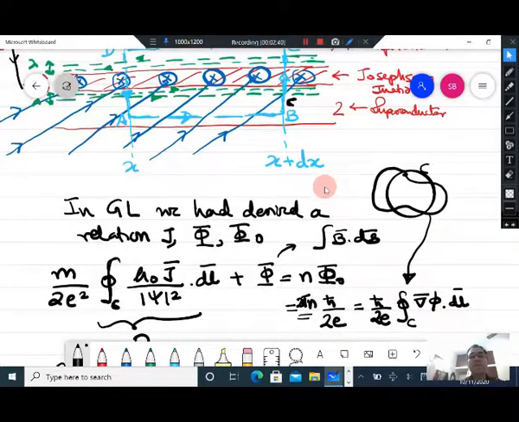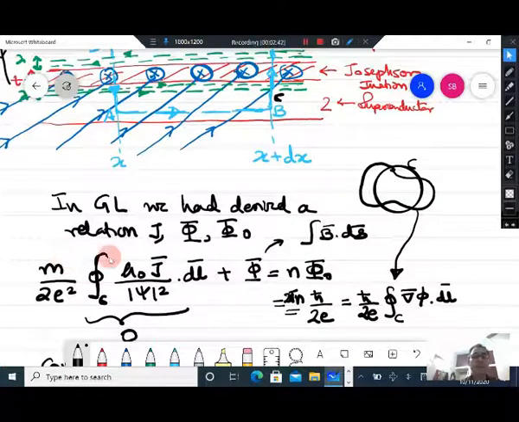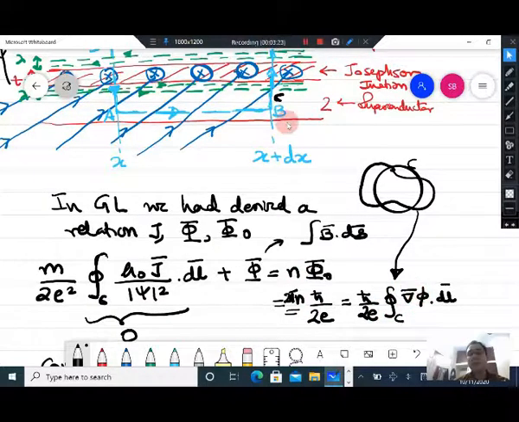We had derived that m by e square integral over a curve C of mu naught j dot dl over mod psi square, plus phi, where phi is the magnetic flux enclosed by the curve C, is equal to n times phi naught, where phi naught is the flux quantum, which is nothing else but 2 pi n into h cross by 2e, the integral of the net change in phase along the curve dot dl.